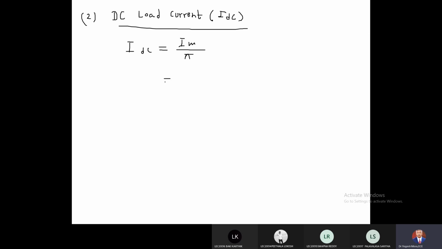So 151 milliampere divided by 3.14, which is the standard value of pi. If we calculate, we will get 48.1 milliampere, right? So this is the value of IDC.